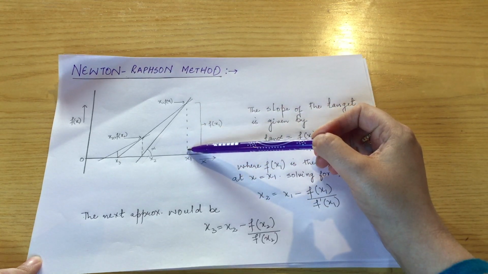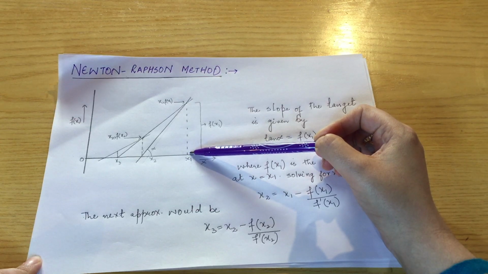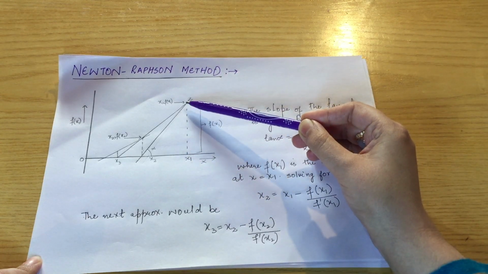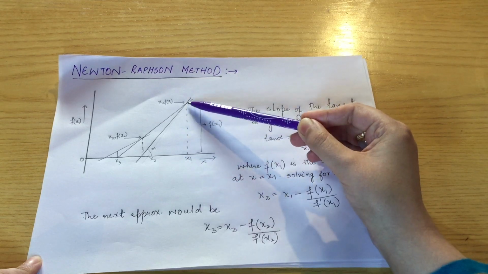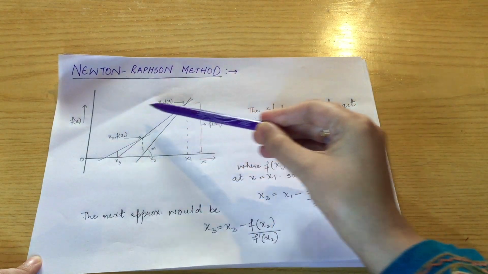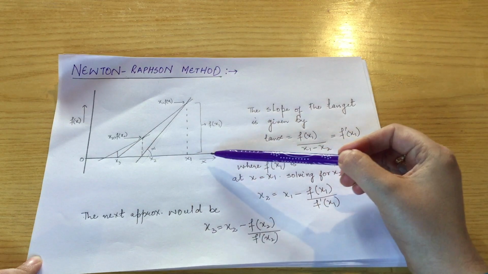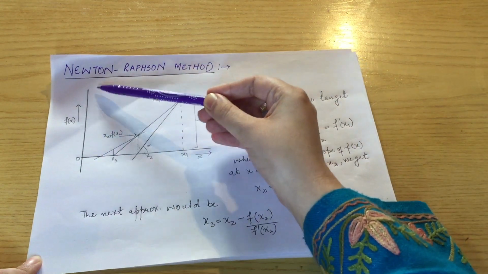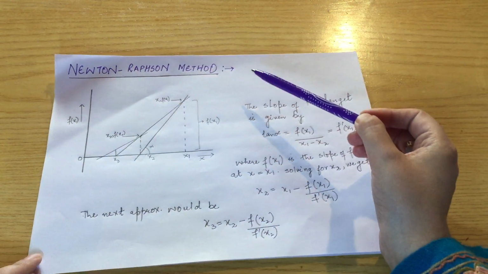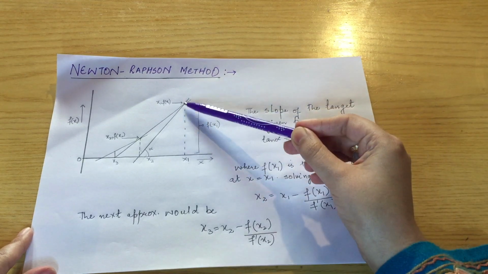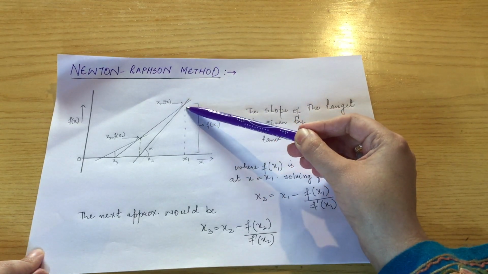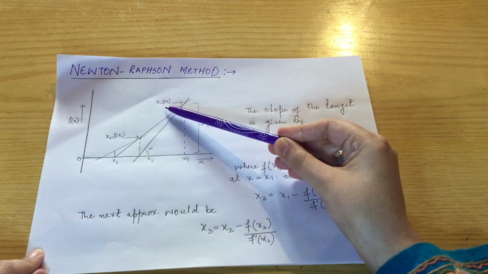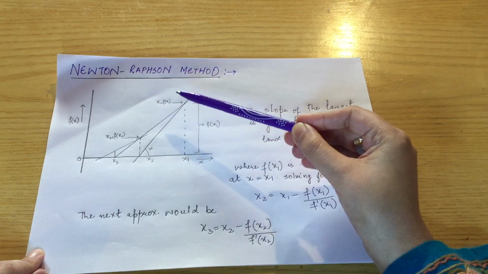Say suppose here we are having the point f of x1, and the coordinates of this point will be x1 and f of x1, because from here we are having this as x and this is f of x. So the coordinates of this point will be x1, f of x1.